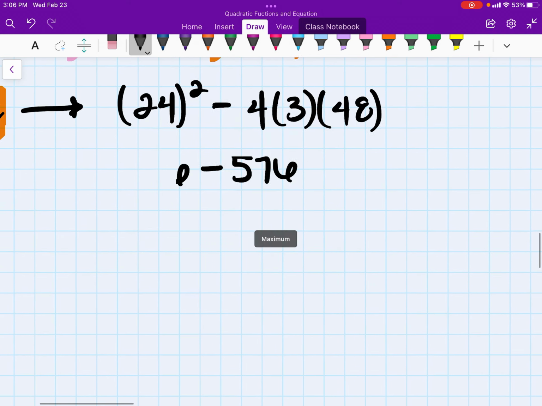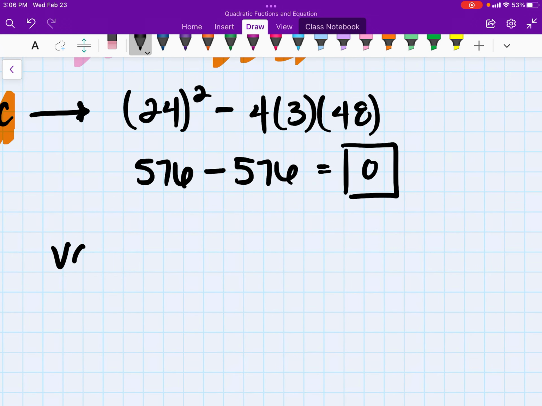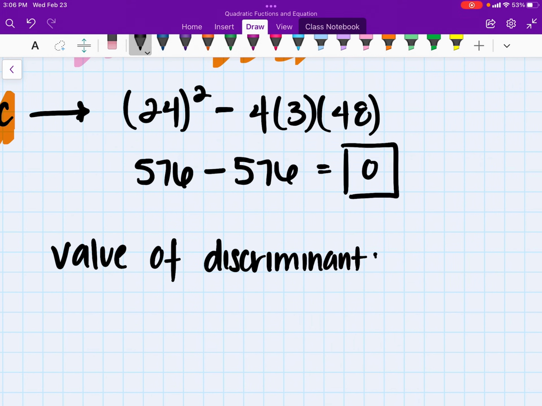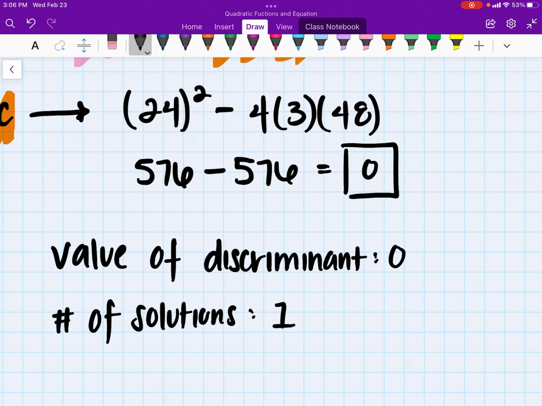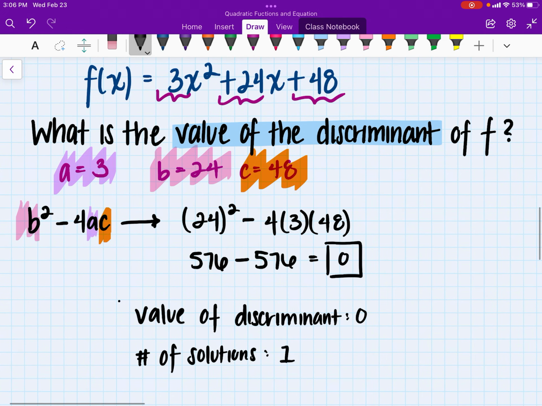So our value of the discriminant is 0, and then the number of solutions is going to be 1. All right, so those would be our two answers.